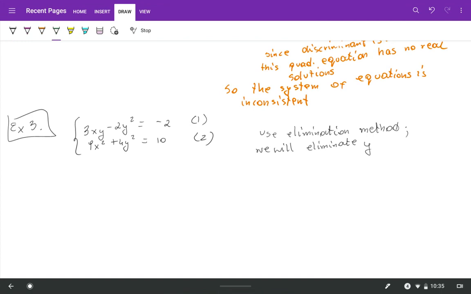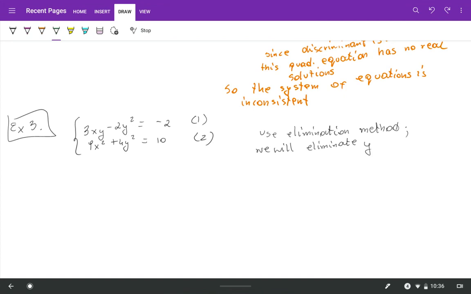So in order to eliminate y, the second equation has 4 in front of y squared, so instead of negative 2, we would like to have negative 4y squared, so we can add the equations and the y will eliminate. So how are we going to do it? To get that negative 4, we will multiply equation 1 by 2.